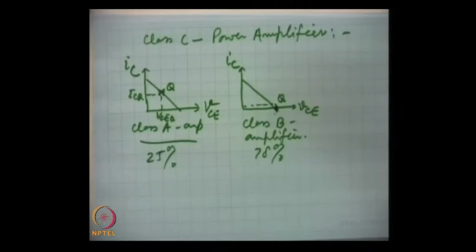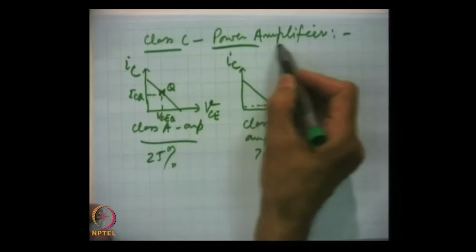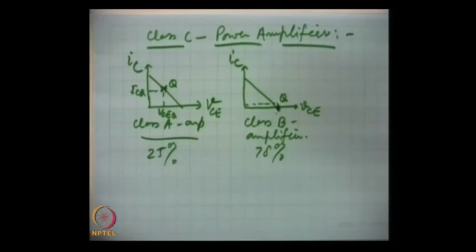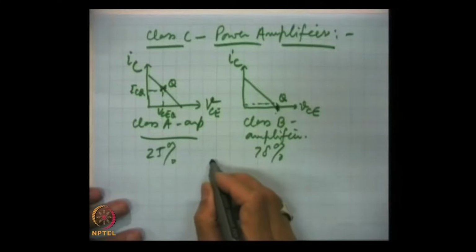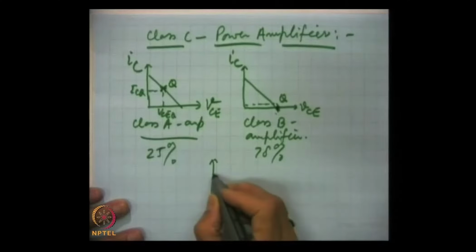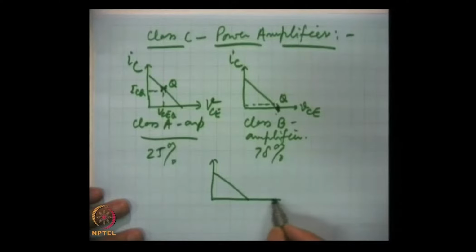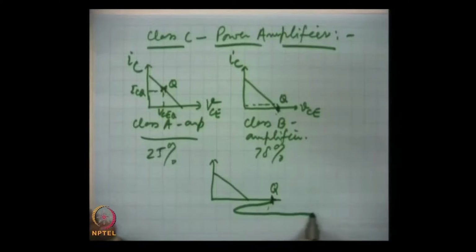In class C operation, which is currently under discussion, we choose the operating point far away from the cutoff region. That means this is the line, and we bias such that this is the operating point, we shift it here, so that the conduction will occur only for the high pulse, only for this portion.